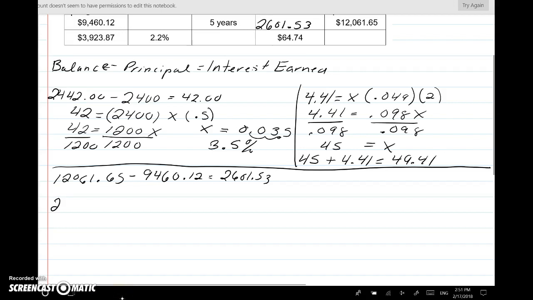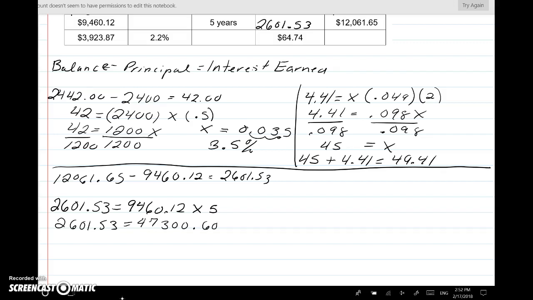Interest, 2601.53, equals my principal, $9,460.12. My rate is what I don't know, and I have it for 5 years. This becomes 2601.53 equals 47,300.60x.